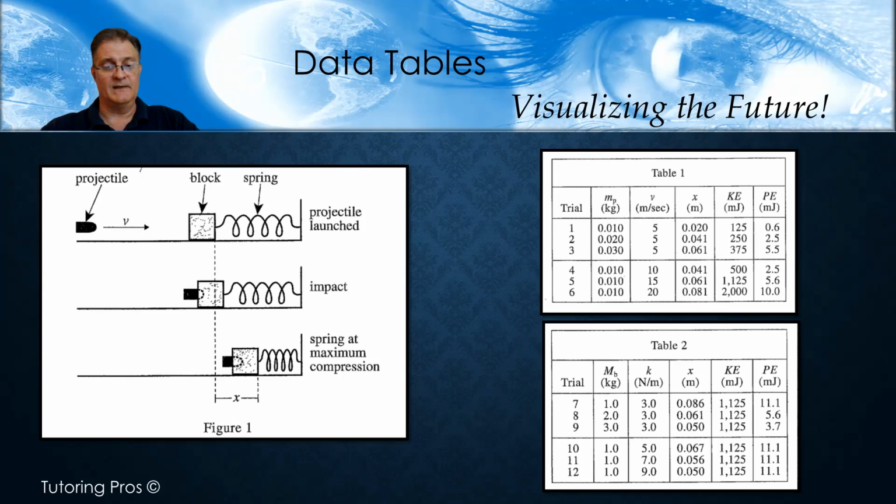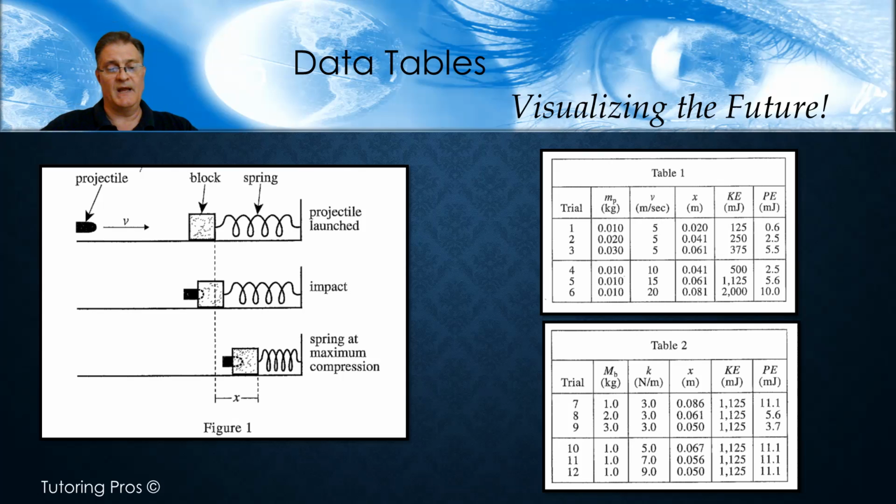As the mass of the block increases, we would expect the distance that the block and spring system compresses to decrease. And look what happens. As the mass of the block increases, the distance that the spring compresses decreases. It starts at 0.086, 0.061, and then in trial 9, it's at 0.050. Look at your kinetic and potential energies. They're still different.